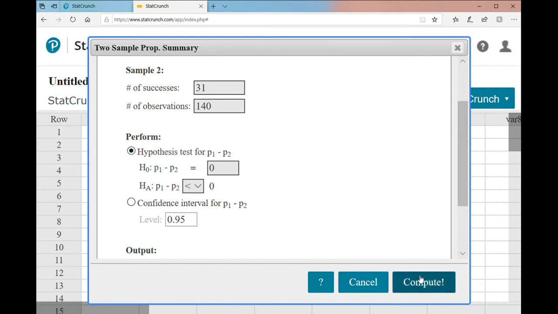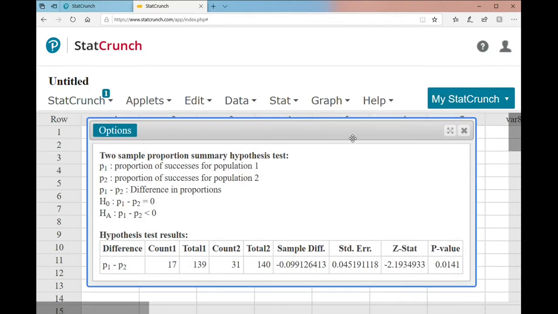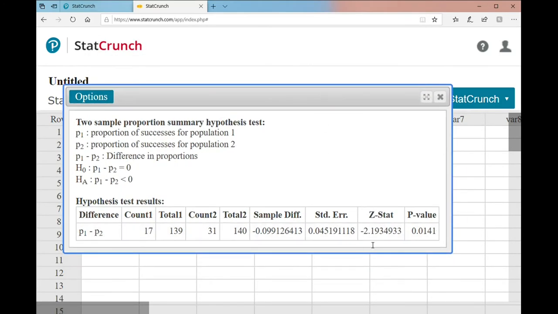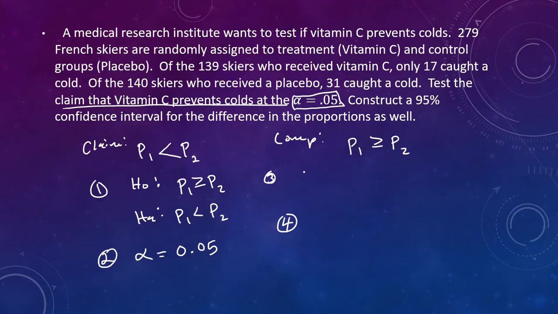So let's put compute, and our z statistic is negative 2.193, and our p-value is 0.0141. The z statistic from StatCrunch is negative 2.19. The p-value from StatCrunch is equal to 0.0141.